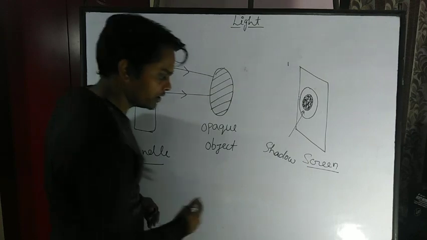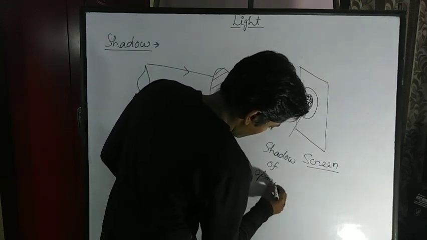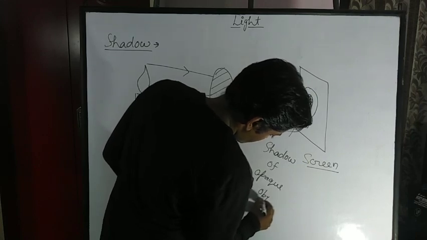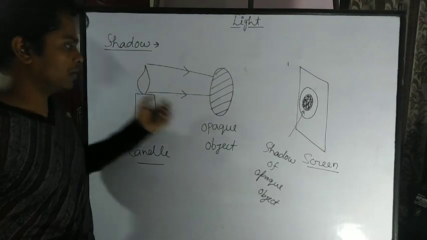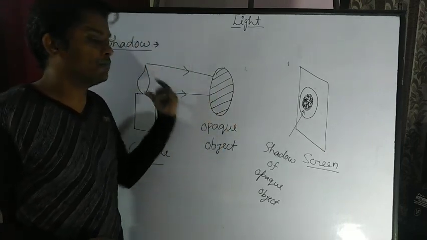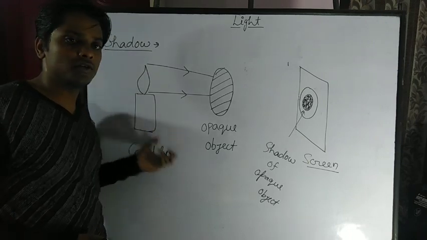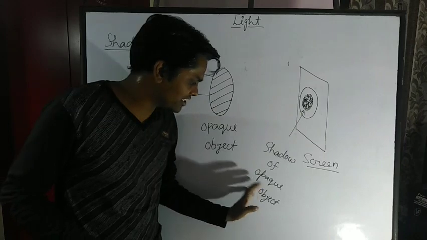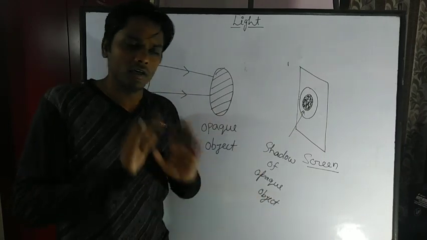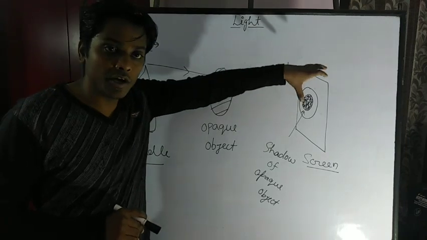And shadow of what? Shadow of the opaque object. Why? Because this opaque object just blocks the ray of light emitted from this source, which is a candle. So this is the shadow of the opaque object. Now you are clear how we obtain the shadow.